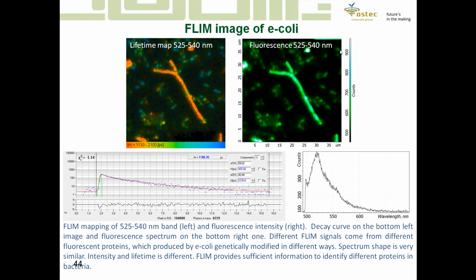One type produces fluorescent proteins which have a shorter lifetime, and the other type of Escherichia coli bacteria produces proteins which have a longer fluorescence lifetime. So the blue color and orange color on this left hand side image correspond to different types of genetically modified bacteria.